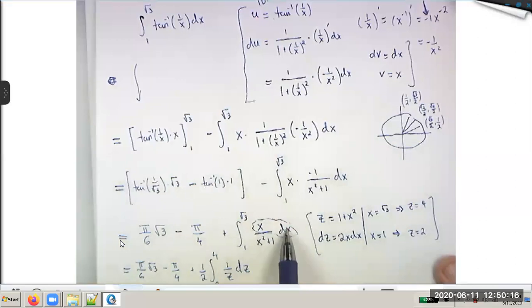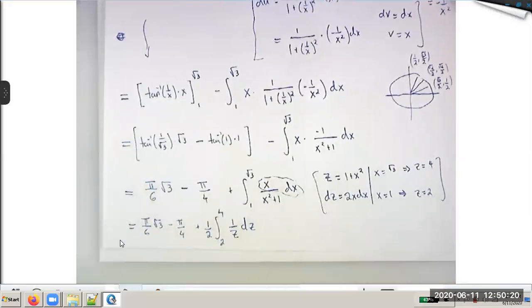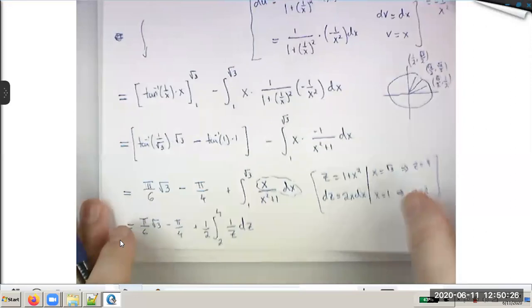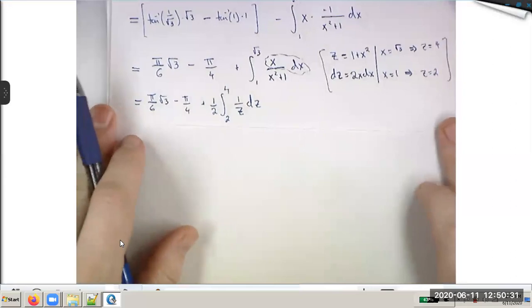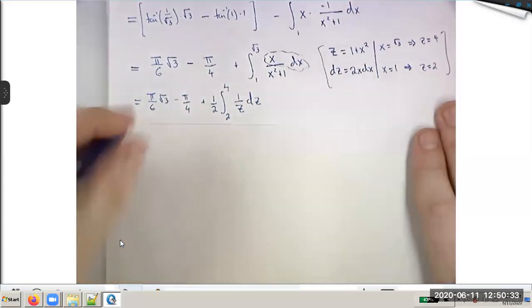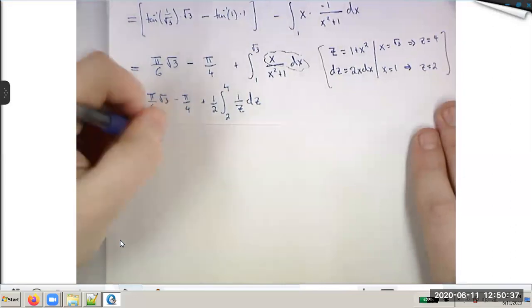So the x dx is 1/2 dz. Then we take the antiderivative of that last integrand, evaluate it, and then combine terms, and that's the answer.